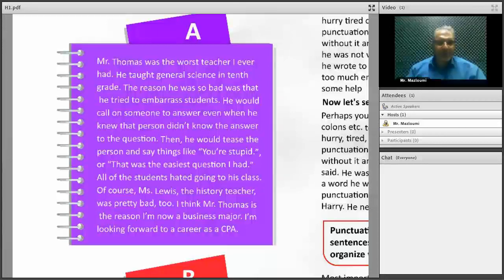Not a good thing for a teacher to do, you know. He would call on someone to answer even when he knew that person didn't know the answer to the question. Then he would tease the student, the poor student. Tease means make fun of, to laugh at someone. And say things like, you're stupid, you're not smart enough.